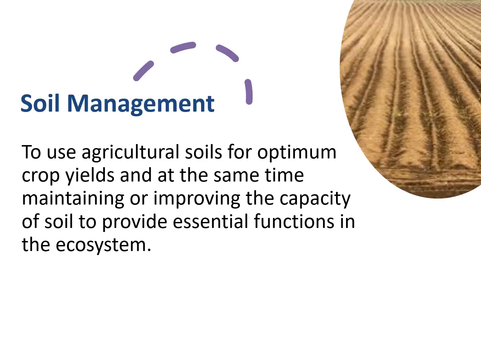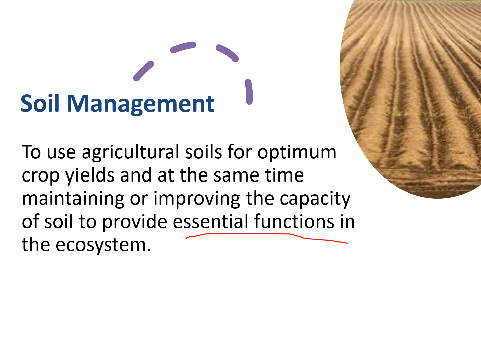Soil management is to use agriculture soils for optimum crop yields while at the same time maintaining or improving the capacity of soil to provide essential functions in the ecosystem.